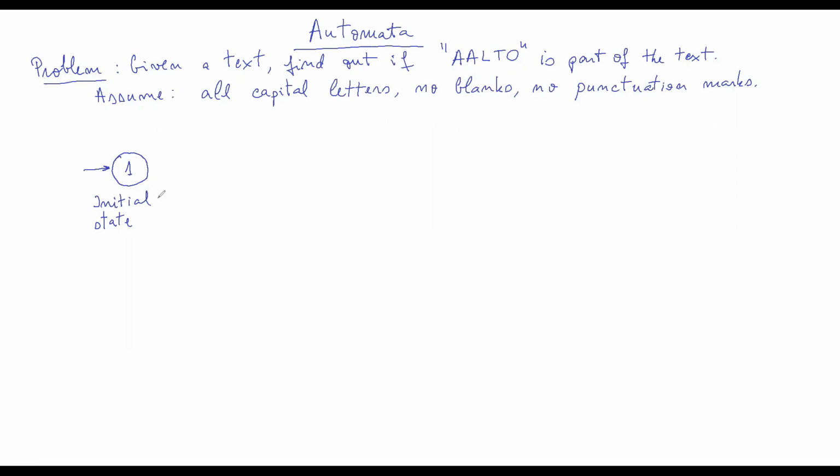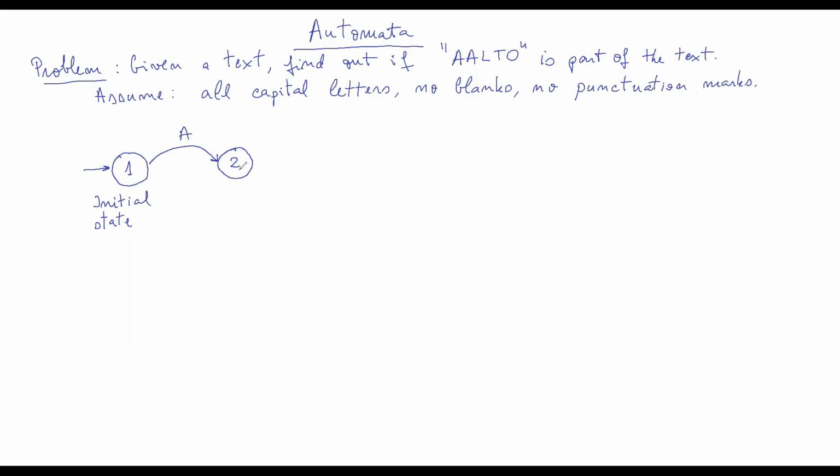In this state, you are going to start reading, and you read the first letter in that text. And if you are lucky, and that letter is A, then all of a sudden you get a little bit excited. You say, well, I just got my first letter, and now I'm in a different state.